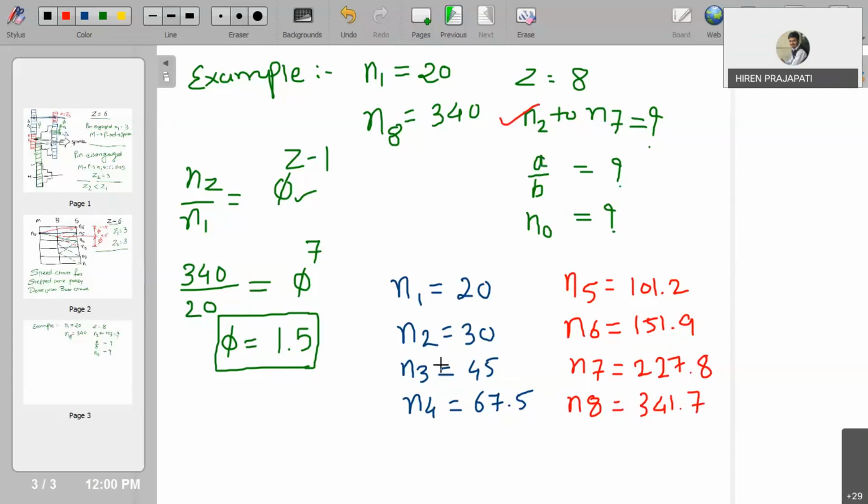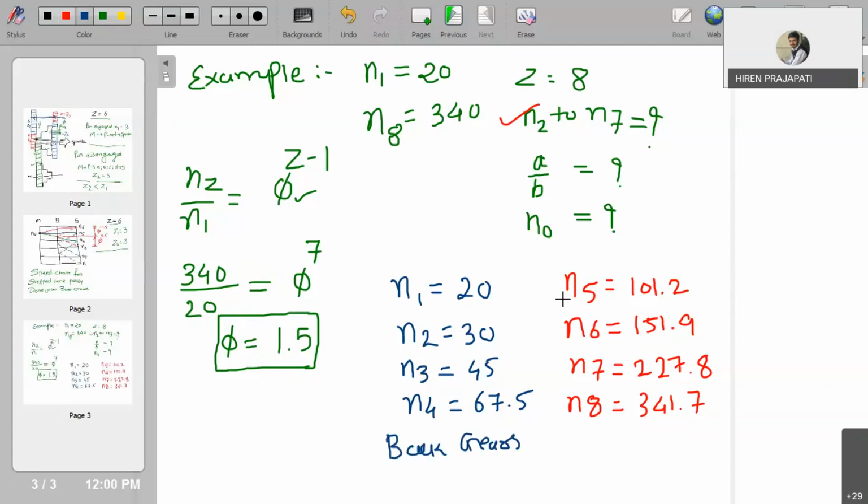So now if you recall the basic principle of this cone pulley drive with back gears, then the first minimum RPMs, the first 4 RPMs, we will get using back gears, right?